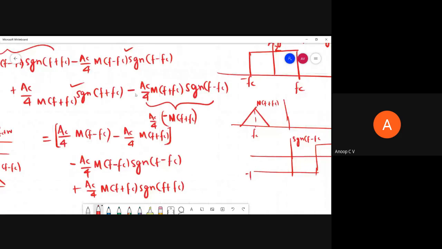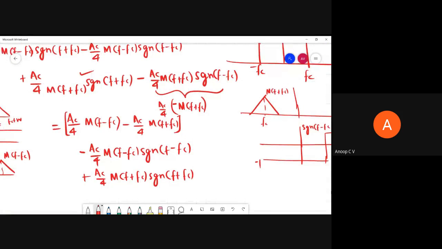this is actually minus of AC by 4 into minus of m of f minus fc. So this should be plus. Here, if you can see my pointer, this one would have been plus. Why? Because there is a minus already. Then m of f plus fc into signum of f minus fc will be minus of m of f plus fc, so that minus and minus will be plus. Please note it. So it has to be a plus.